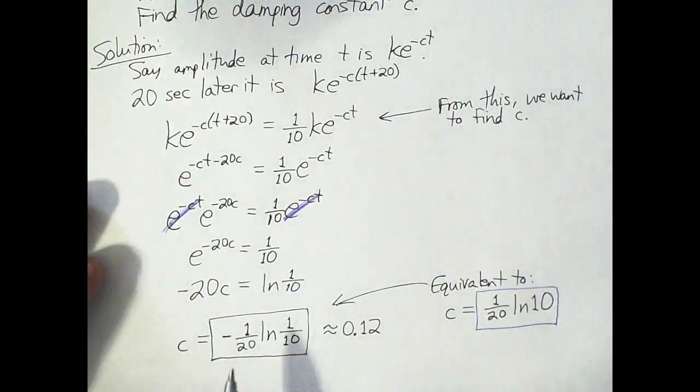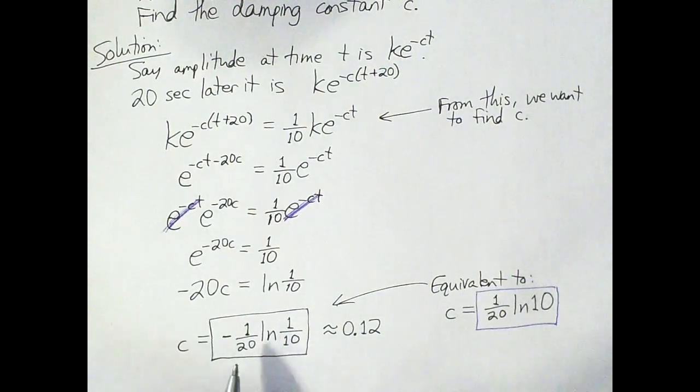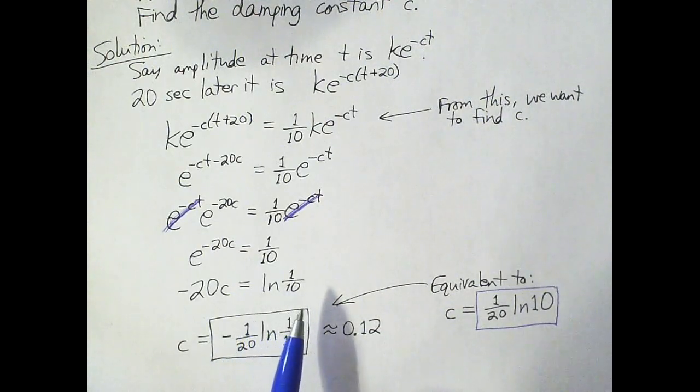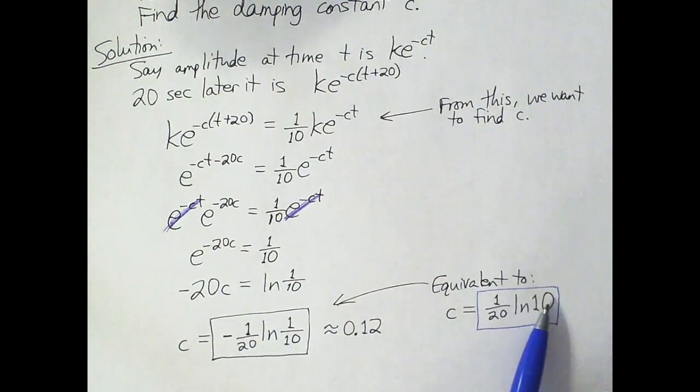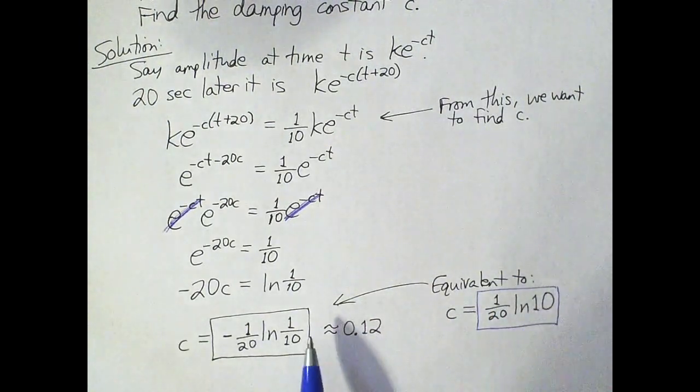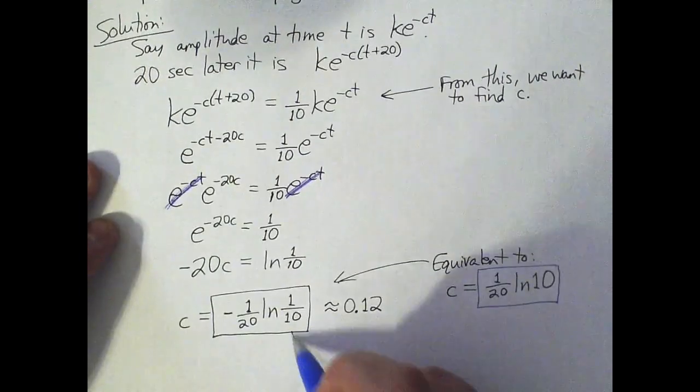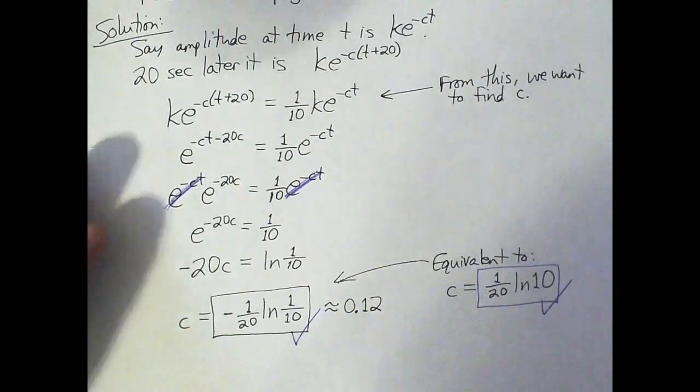Well, it makes sense because if you look at what we got and you say there's a negative 1, there's a rule about logarithms that says that the negative could be brought inside as an exponent, and 1/10 to the -1 is 10. So you bring the negative inside and it flips the 1/10 into a 10. But I'm okay with either one of these. Either one of these answers looks fine to me.